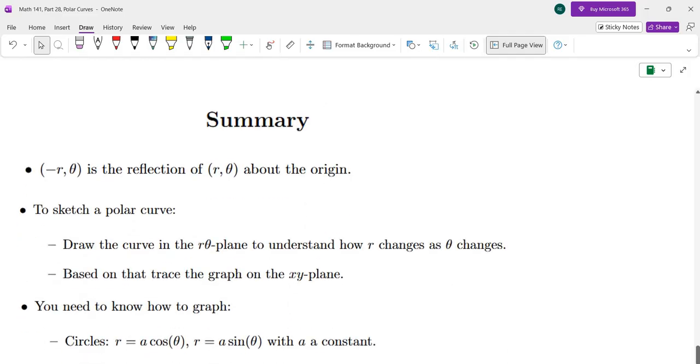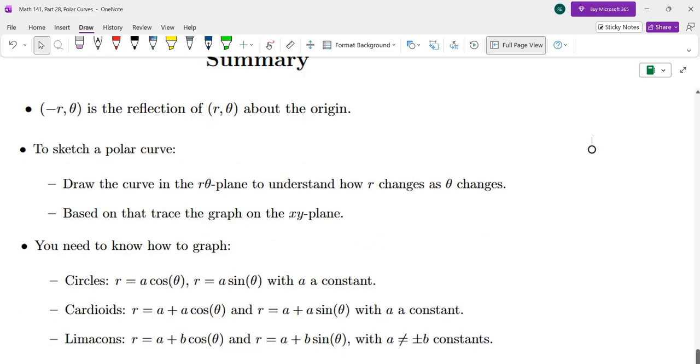To summarize, we learned that negative r theta is the reflection of r theta about the origin. To sketch a polar curve, draw the curve in the r theta plane to understand how r changes as theta changes. Based on that, trace the graph on the xy plane.